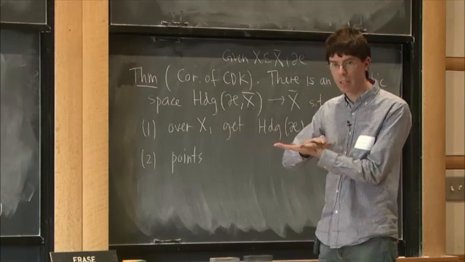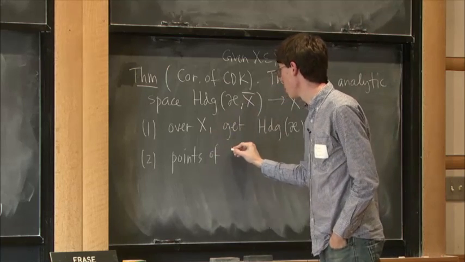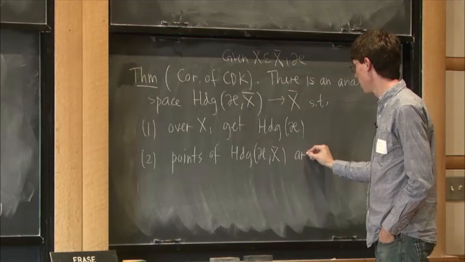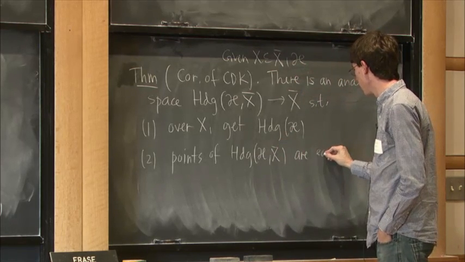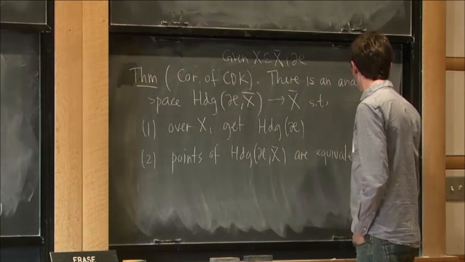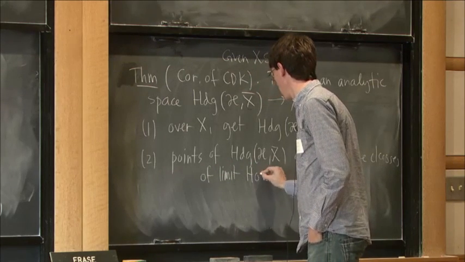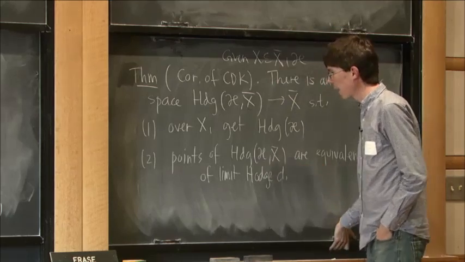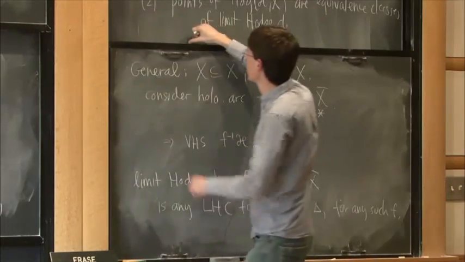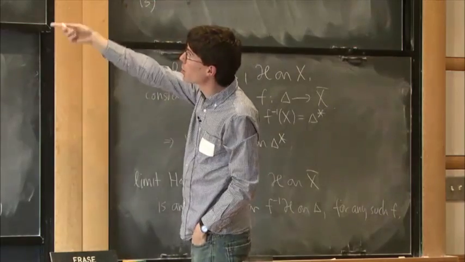So I'm stating it for the union over all of the ones where you put a bound on the norm. The points of this space are in bijection with equivalence classes of limit Hodge classes. And then lastly, you have some notion of self-intersection number still because you still have this pairing.